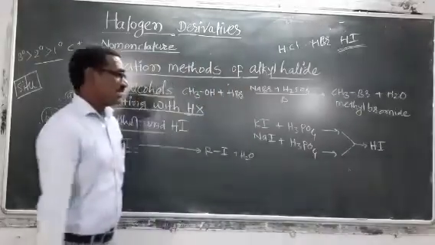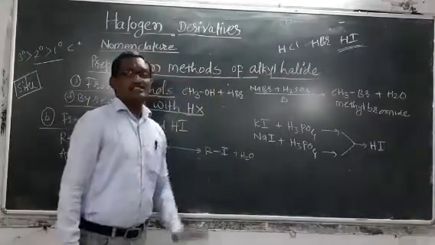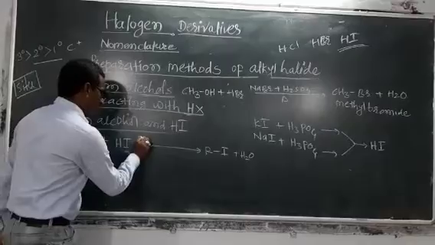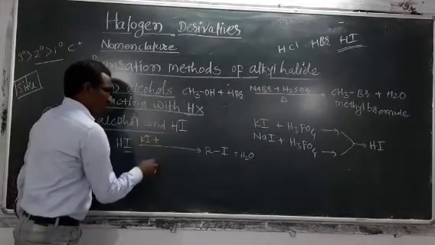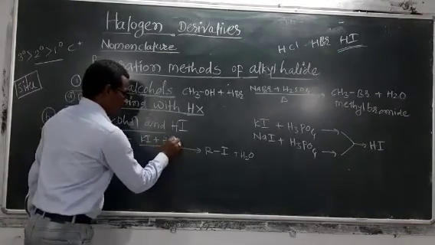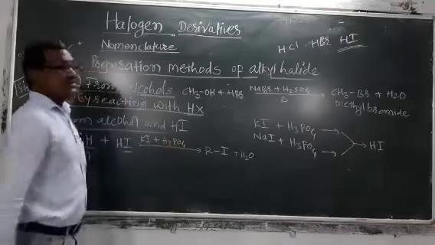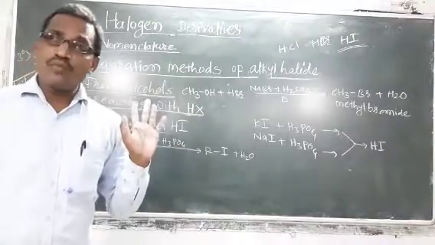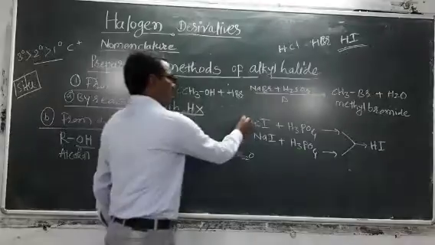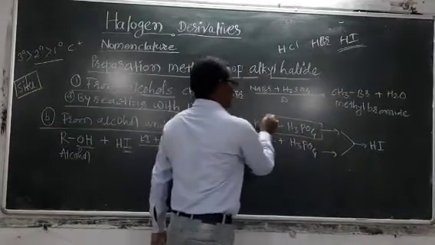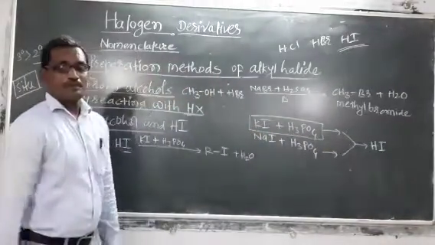To obtain the HI, we have to use these two reagents. So on the arrow we have potassium iodide and H3PO4. Like hydrogen bromide, here also we use potassium iodide with H3PO4.